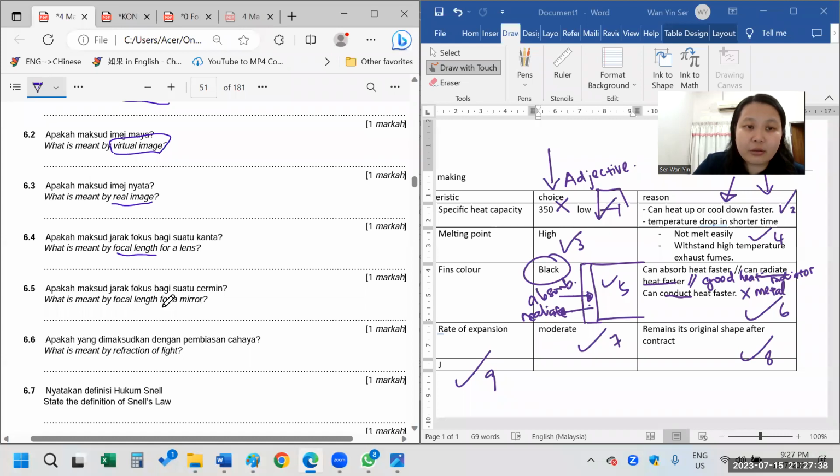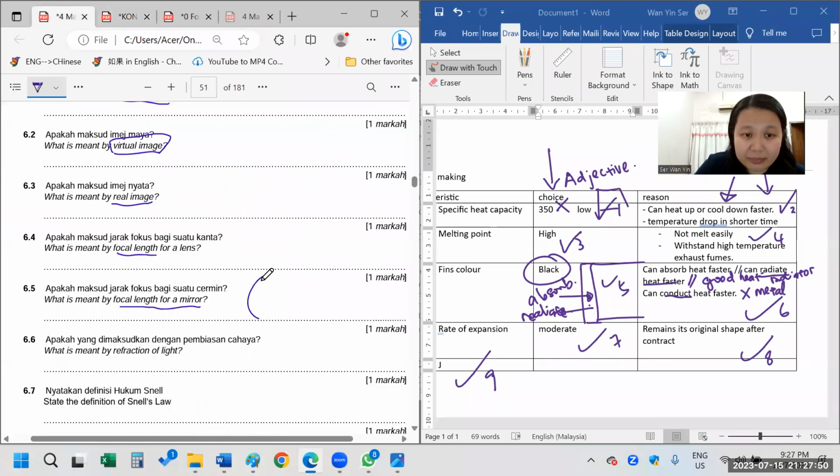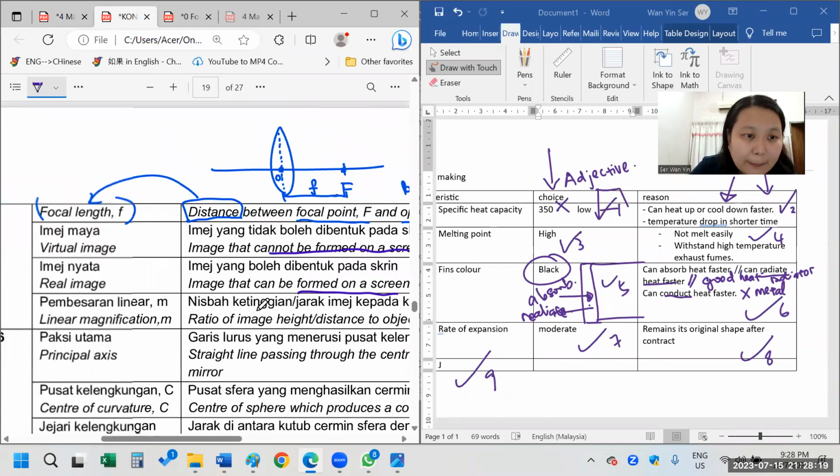Okay, what is meant by focal length of the mirror? Means the distance from the focal point to the axis, focal point of the mirror.